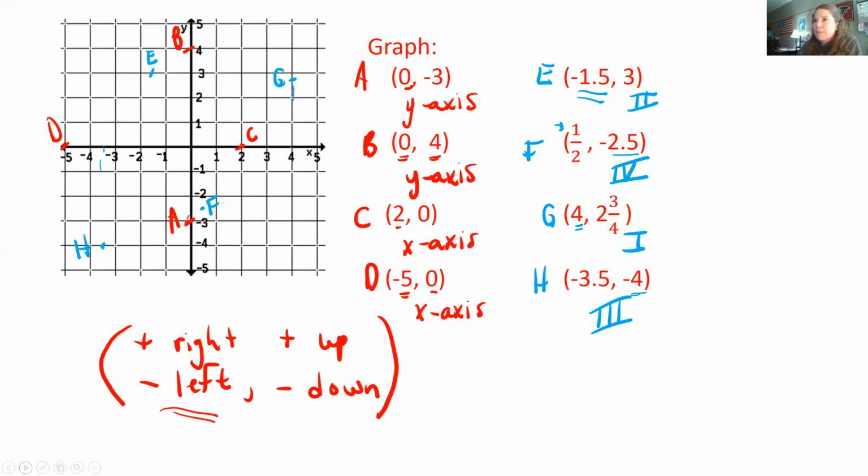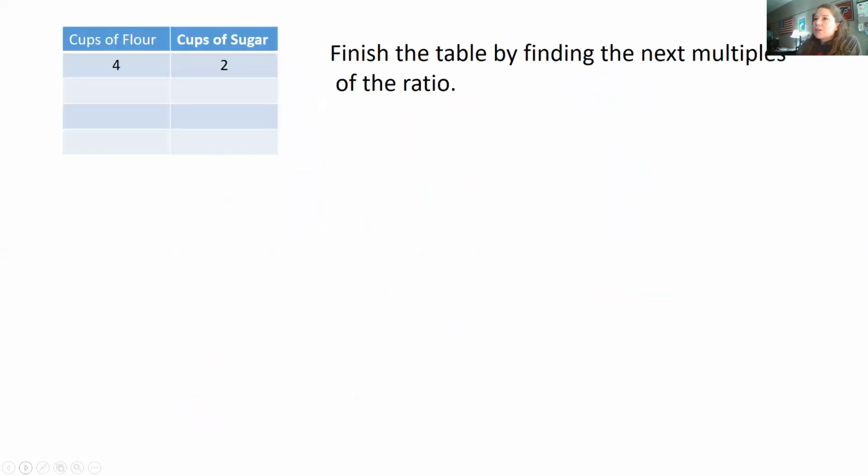That's great. All right, now you sometimes will have to take information from a table, create coordinates, and then use those coordinates and graph those points, which is totally acceptable. So it's saying that we are going to have ratios. Ratios are basically equivalent.